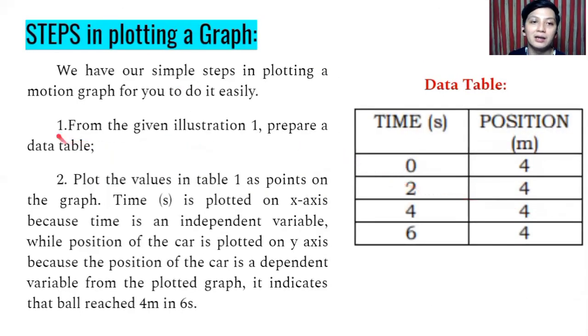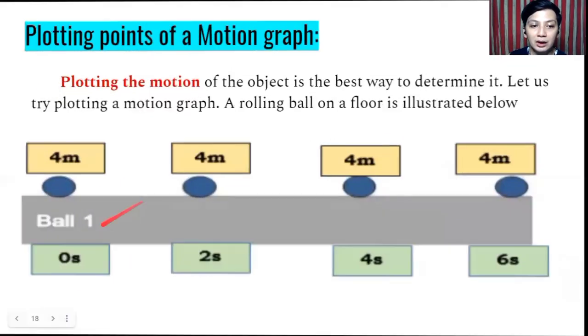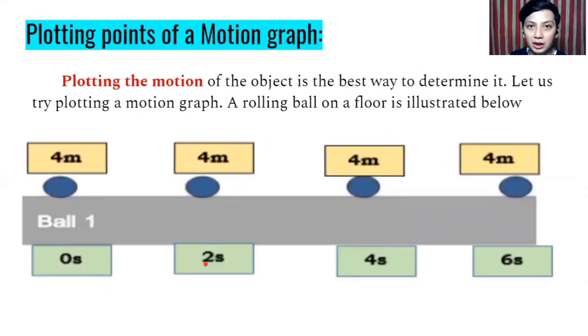So we can say that we can do it in a data table here in our right side. So kanina, di ba? So kung naka 2 seconds siya, naka 4 meters na. After 4 seconds, 4 meters ulit. 6 seconds, 4 meters ulit. And sa 0 seconds, 4 meters din.